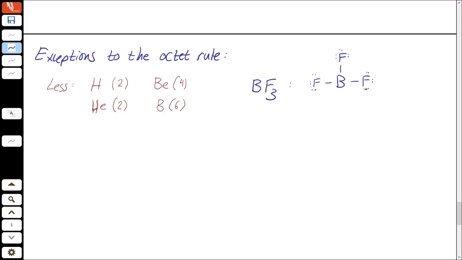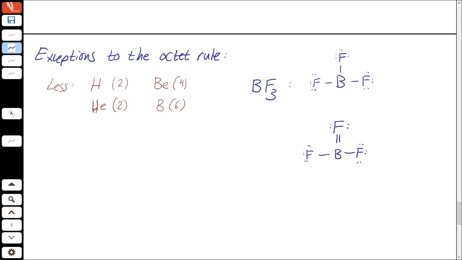If we draw it like this, all the formal charges are neutral, but boron doesn't have an octet. If we draw it like this, well, now everything has an octet.